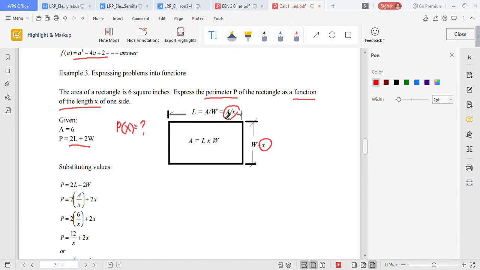We have A over x, plus 2x. So P is equal to 2 times 6 over x plus 2x, and thus we have P equals 12 over x plus 2x.